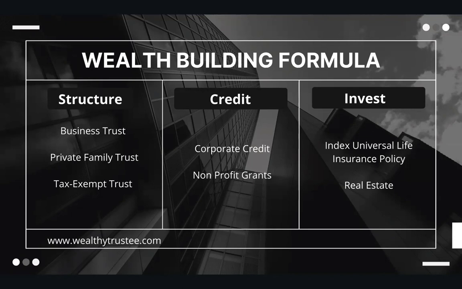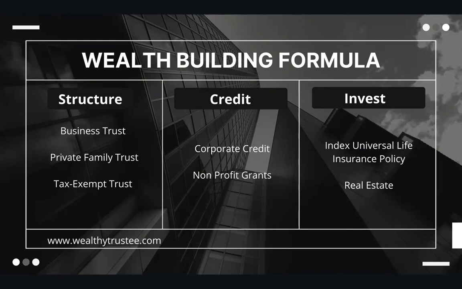So if you personally wanted to tap into that $1 million, then you would have to render a service to that ministry trust and pull out the money that way. So you would have to 1099 yourself in order to pull money out of that nonprofit, or you can sell those assets, right? You can sell them to your other trust, right? So think about that, when you are building wealth, how powerful that is.